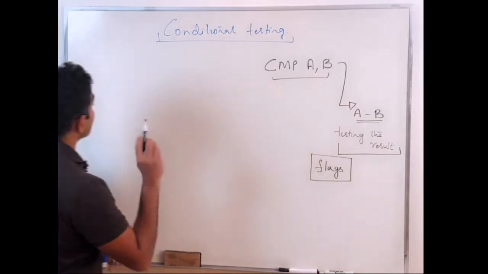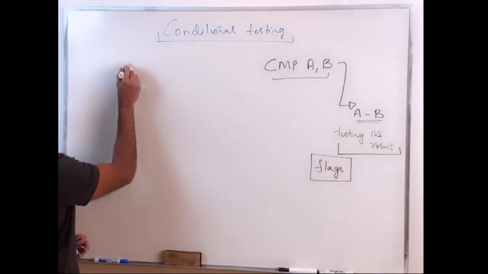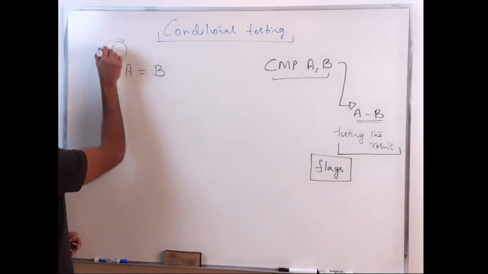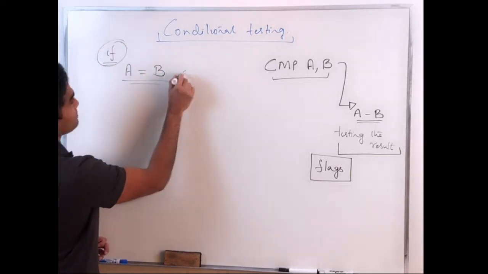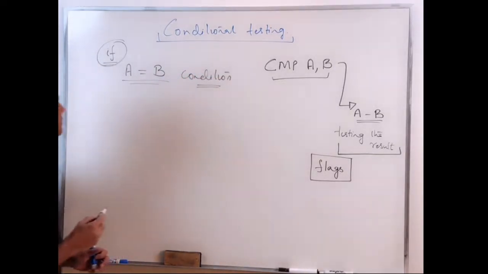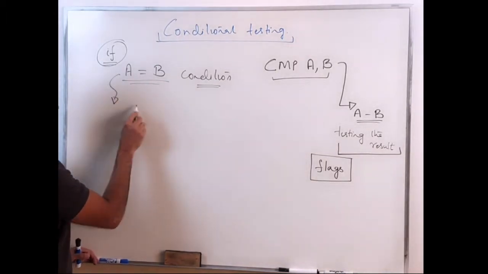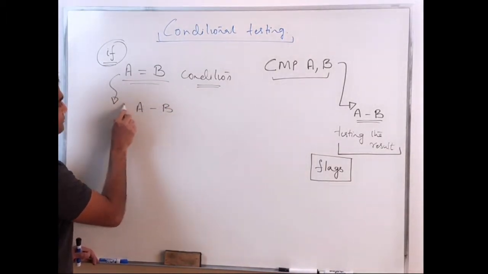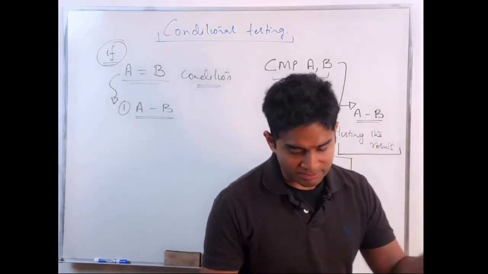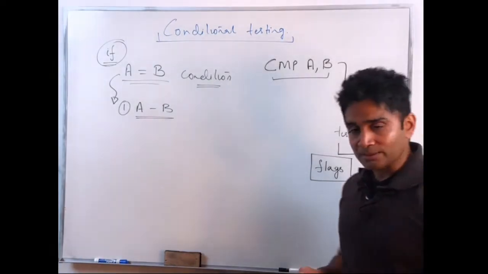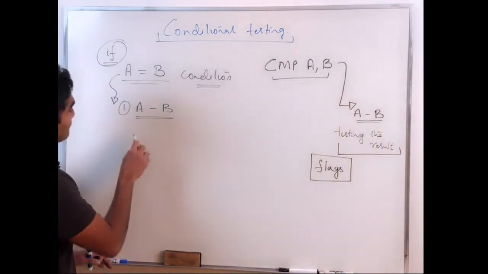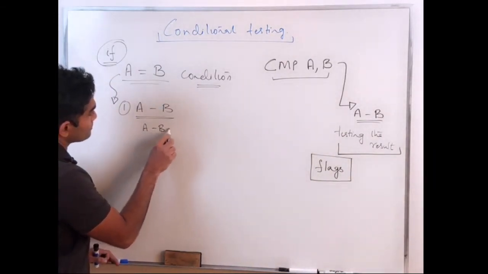For example, if I want to test if A equals B, how do I test this? The first operation I need to do is A minus B. I can use my adder/subtractor, configure it as a subtractor, perform the A minus B operation, and then test if A minus B equals 0.